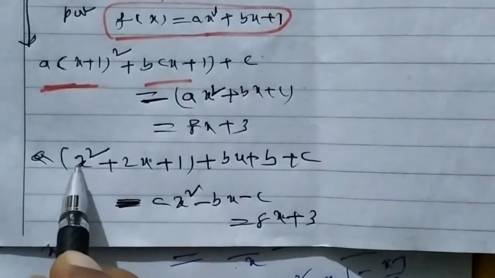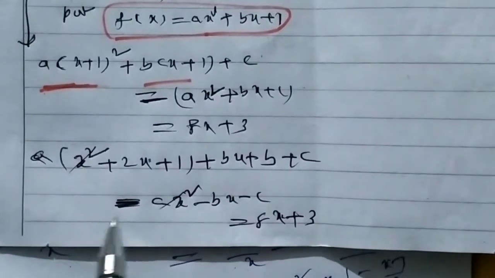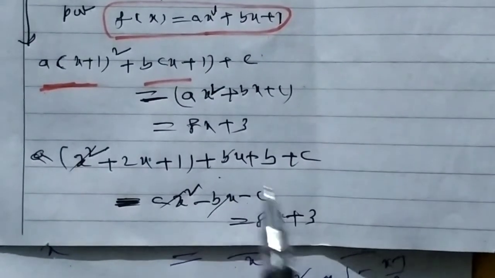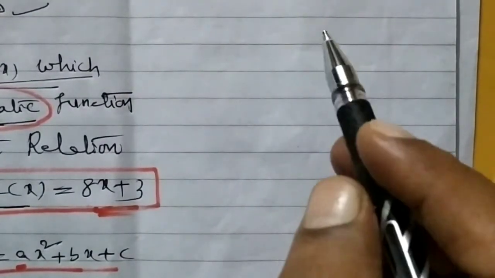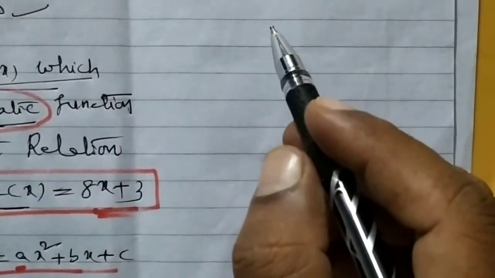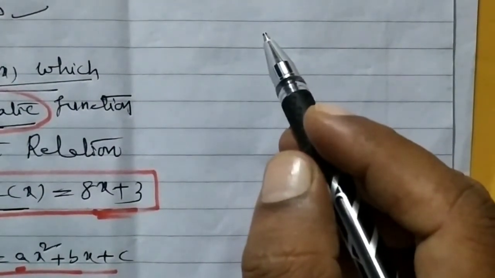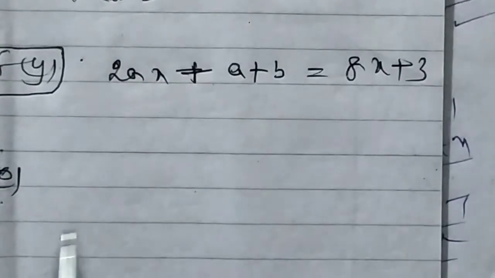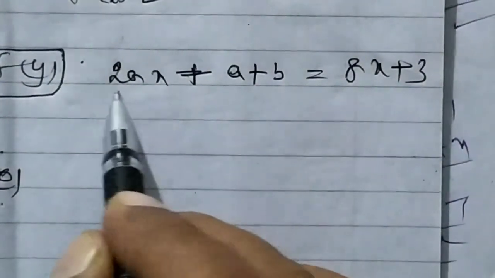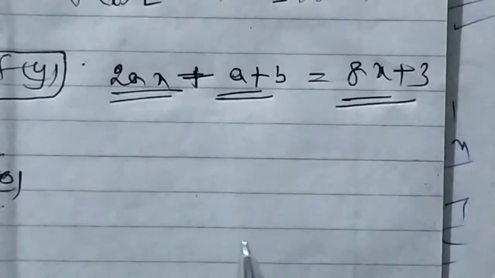So ax square and minus ax square terms cancel. Here bx and minus bx also cancel. Then finally, by simplifying, you will get 2ax plus a plus b is equal to 8x plus 3.